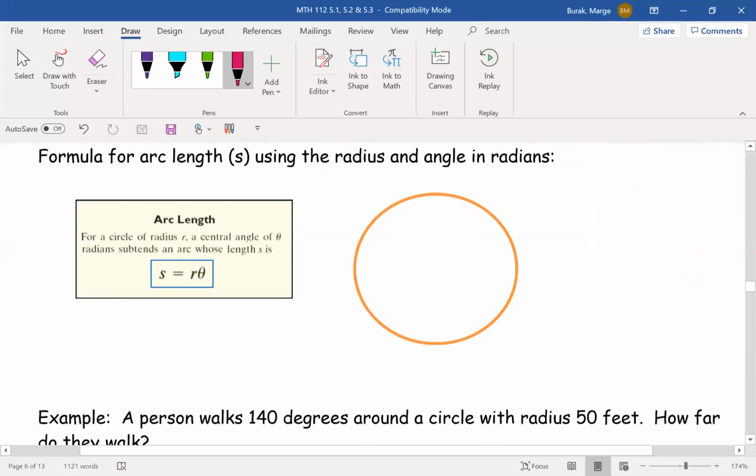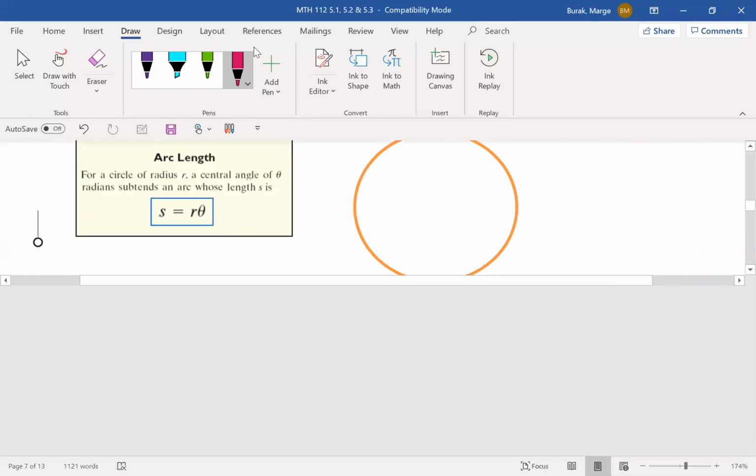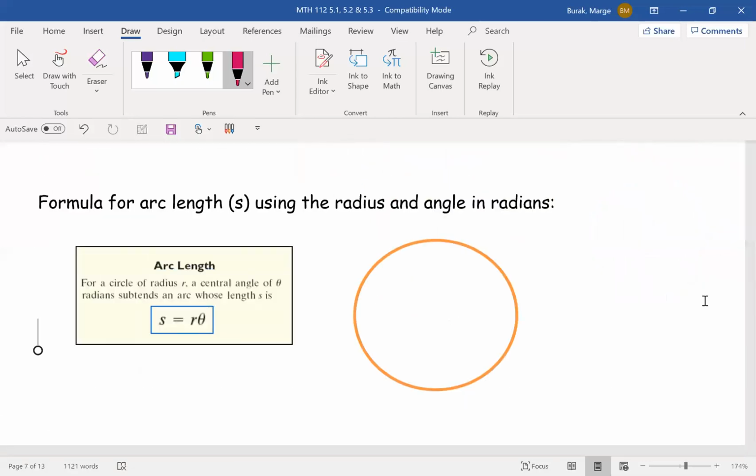Okay, and we have one more skill that you need, and that is to use the formula for finding the arc length of a circle. So here's the formula. S is going to be the length of the arc. R is the radius, and theta will be the angle in radians.